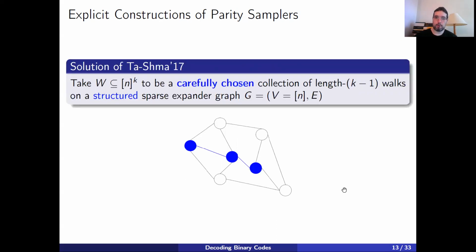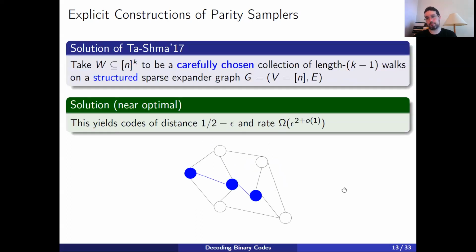And Ta-Shma is going to de-randomize the choice. Instead of choosing all walks of length k-1, he's going to choose a much sparser set. And nicely, this is going to achieve the near optimal parameters that we discussed before. And he used nice techniques related to the zigzag product.